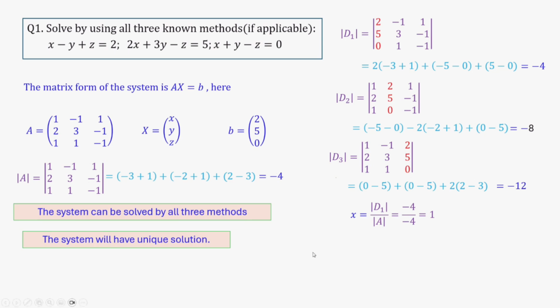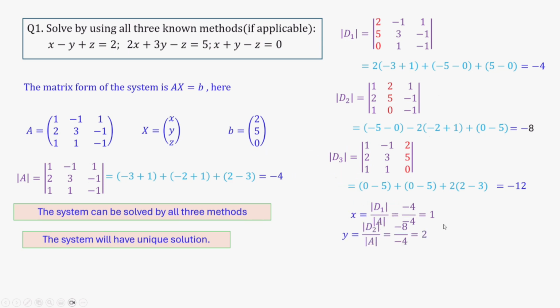Then by Cramer's rule, the solution is given as follows: x is equal to the determinant D1 over the determinant of A, which is minus 4 over minus 4, equal to 1.